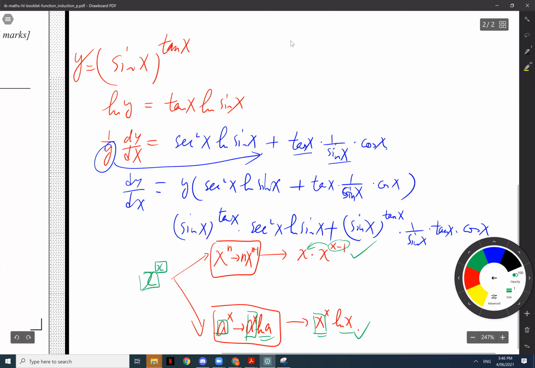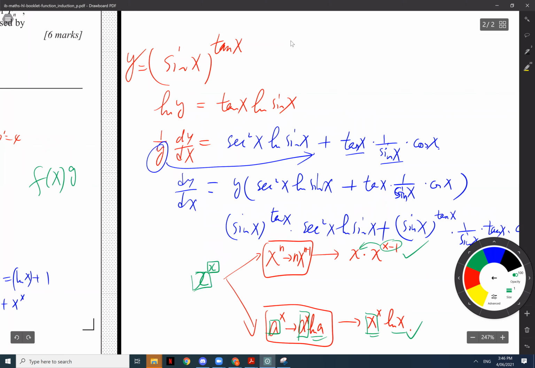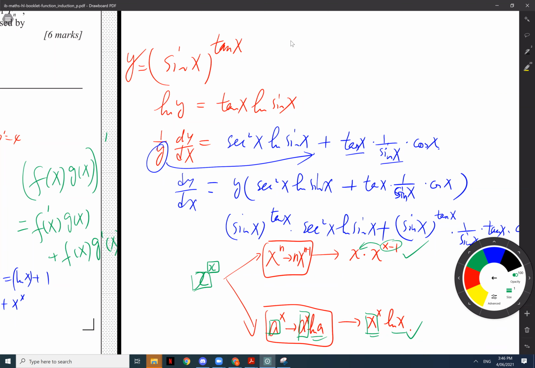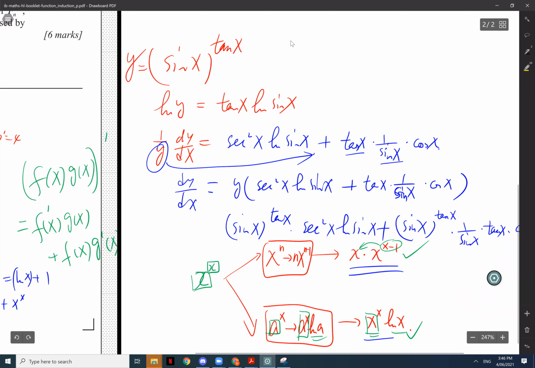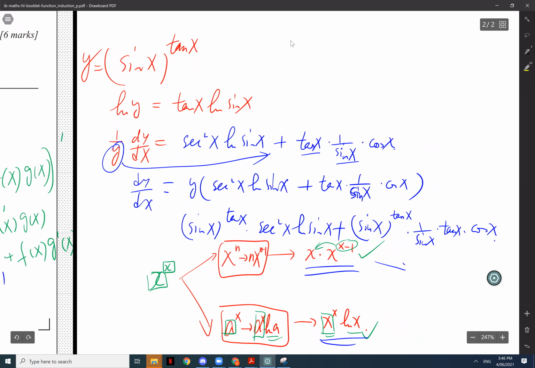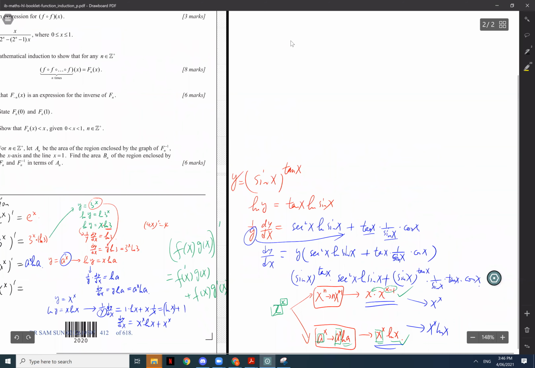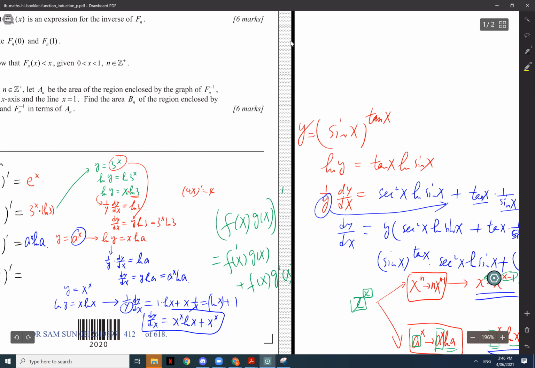The similar idea happened here. Differentiating f(x) times g(x): if g(x) is constant, you just get f dash g. If f(x) is constant, we just differentiate g. When you treat one part as constant, you differentiate the other part. And finally, you add them together. For this question, we add these two together and you really just get the same answer.